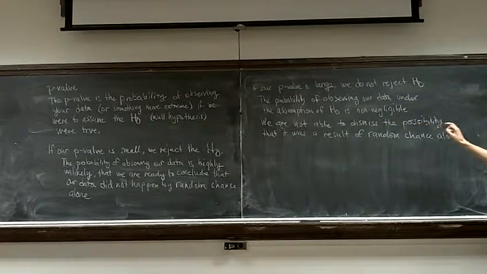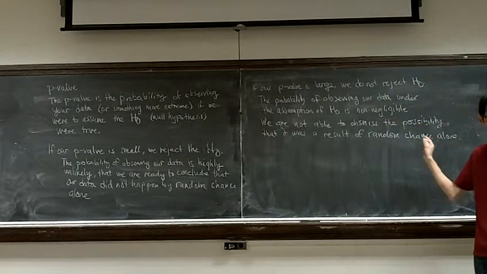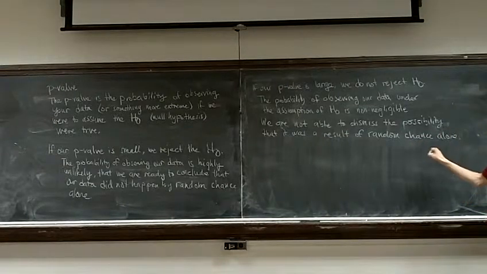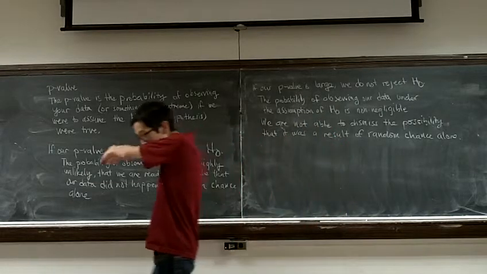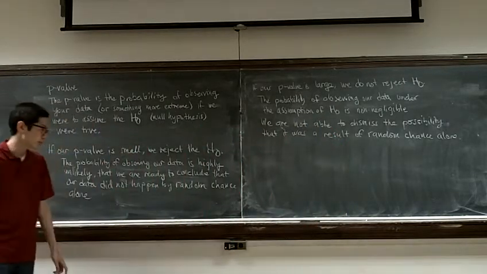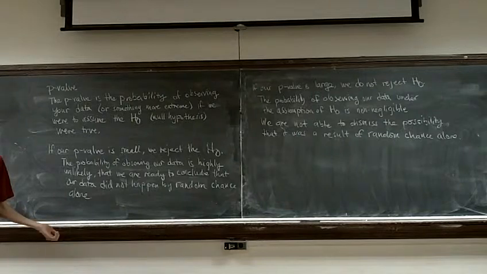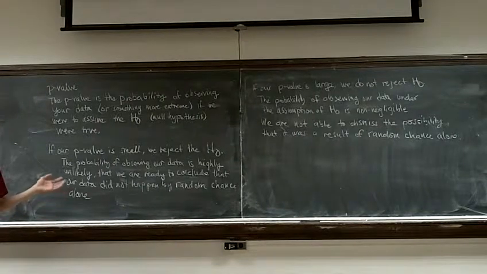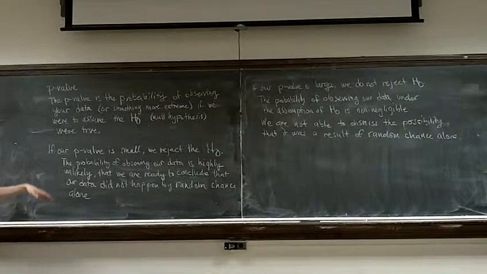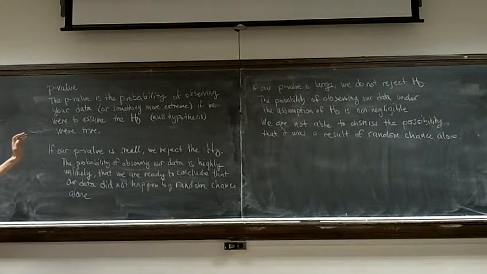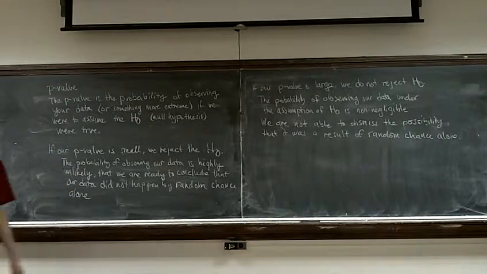So we're not able to dismiss the possibility that I won 7 out of 10 games from random chance alone. On the other hand, what's the probability that I would win 70 out of 100 games? That probability is very small, less than 2 in 10,000. So the probability of that happening by random chance alone was highly unlikely, and as a casino, they were ready to conclude that it didn't happen by random chance, meaning I was cheating.